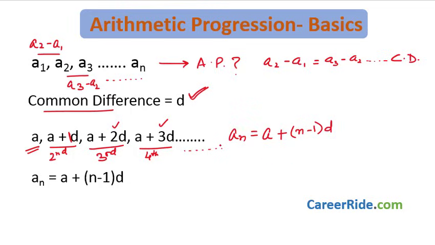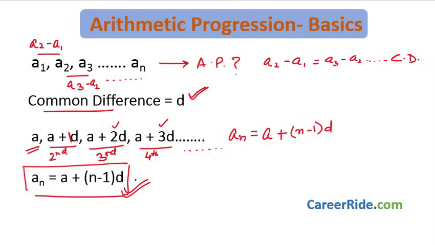It's quite clear from the series that we have written here. So that is exactly what I've got here. My nth term, that is an, is equal to A plus n minus 1 multiplied by the common difference D. This is a very important thing that you will use almost in all the questions of AP. So make sure that you understand it very clearly and you remember it also.